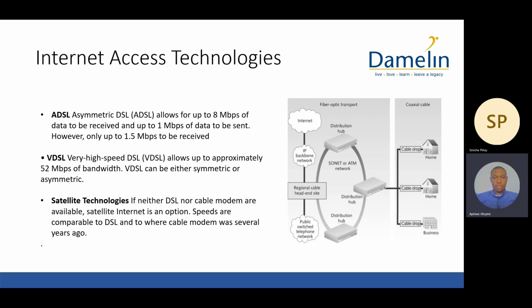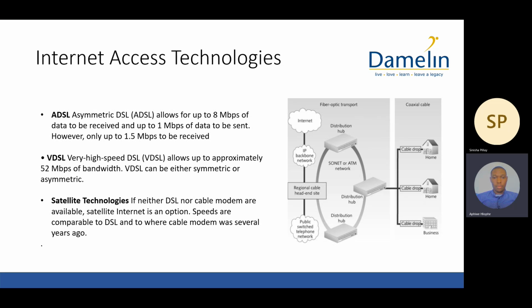In contrast, you would have symmetric connections with very high speed, and VDSL is an example of such. It comes in two forms: it can be symmetric or asymmetric.